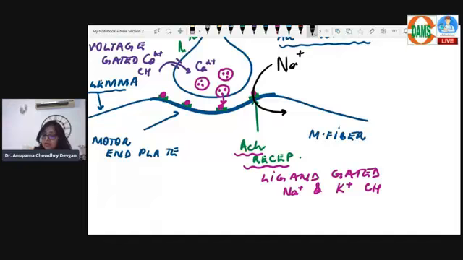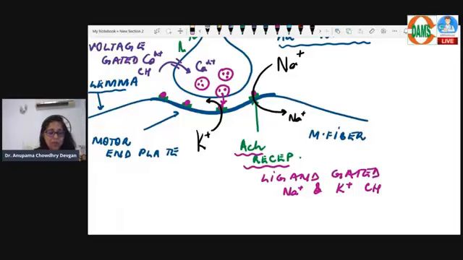But at the same time, there will also be efflux of potassium. Remember, through a channel, an ion will go from higher to lower concentration. So sodium comes from outside to inside, potassium goes from inside to out. That means there is both gain of positive charge and loss of positive charge occurring through these channels.